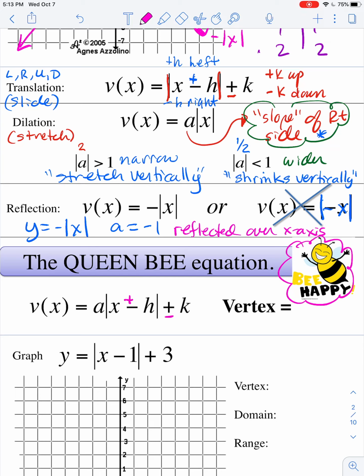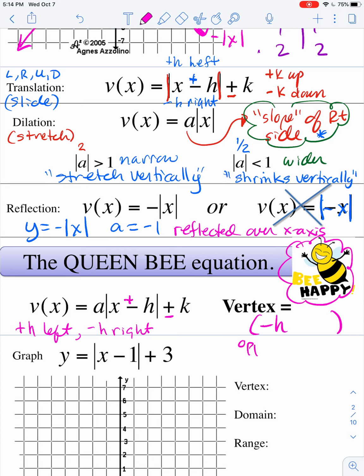And I will say that when I think about this, I kind of think about these might look like pluses or minuses. The reason this one's a negative, if you remember, is we always use the opposite of that. So when I'm looking at my vertex, think about this again. Positive h moves it to the left. A negative h moves my graph to the right. Those are going to impact my x coordinate, and they're going in the opposite direction.